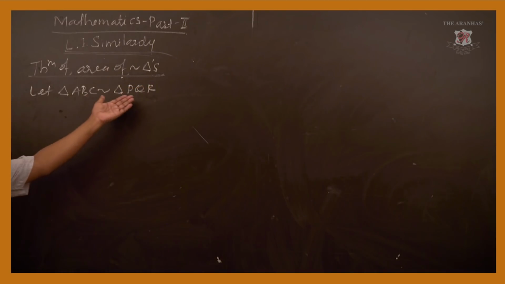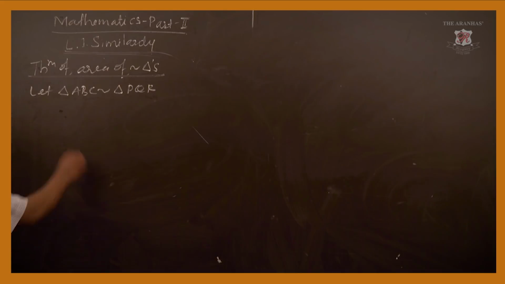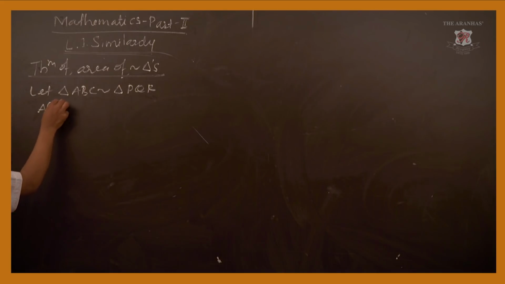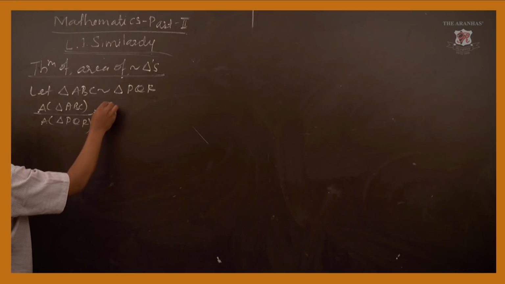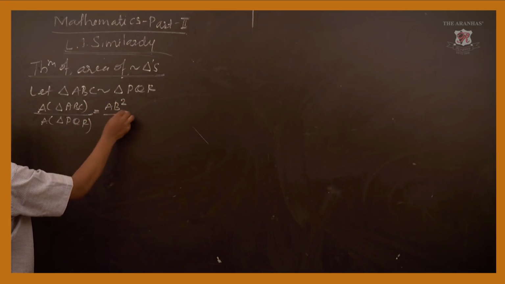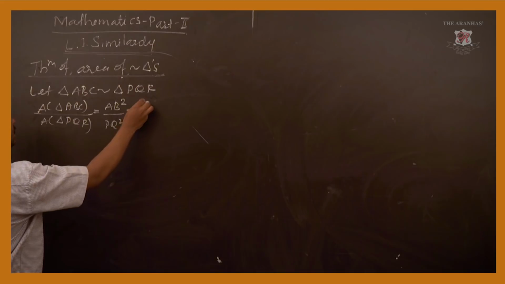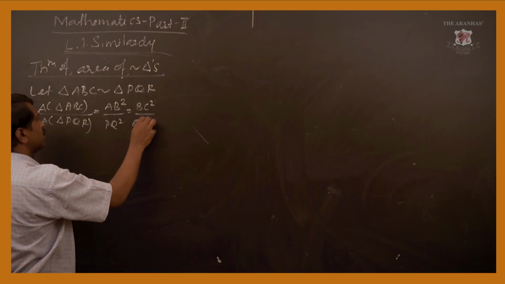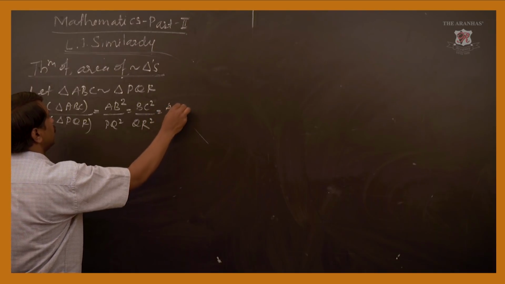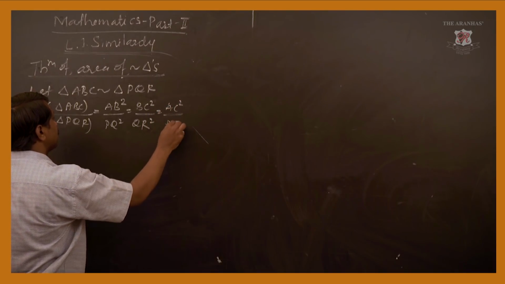Given that two triangles are similar, the ratio of their areas, area of triangle ABC upon area of triangle PQR, is equal to AB square upon PQ square, which is equal to BC square upon QR square, and also equal to AC square upon PR square.